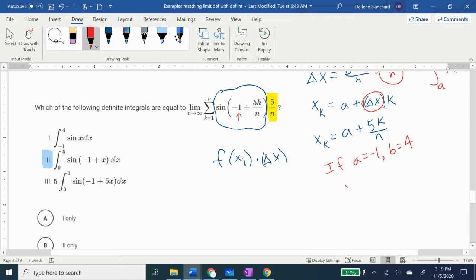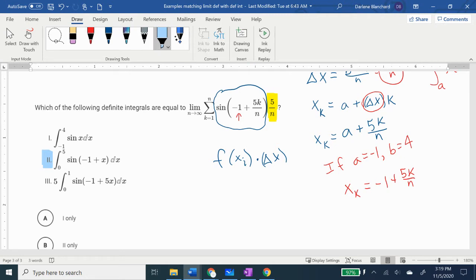And this means my x sub k is negative 1 plus 5k over n. If I highlight the entire negative 1 plus 5k over n, then when I come over to what represents f of x sub i that is not the delta x part, which is highlighted in yellow, I'm looking for the entirety of negative 1 plus 5k over n.